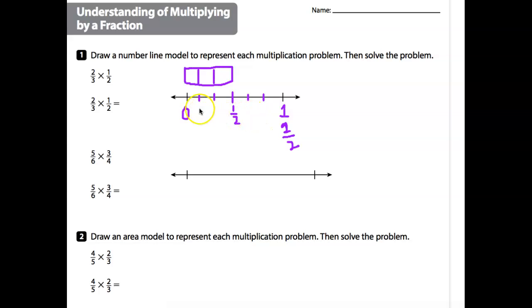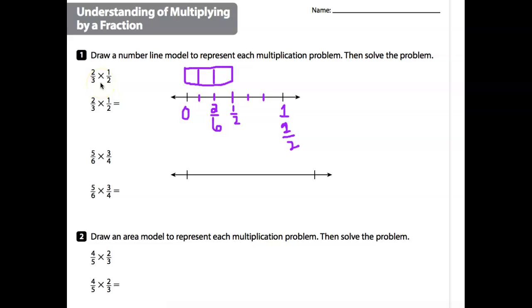Okay, so 2/3 on the way to 1/2 is 2/6. It's right here. So 1/6, 2/6. So our answer is 2/6.